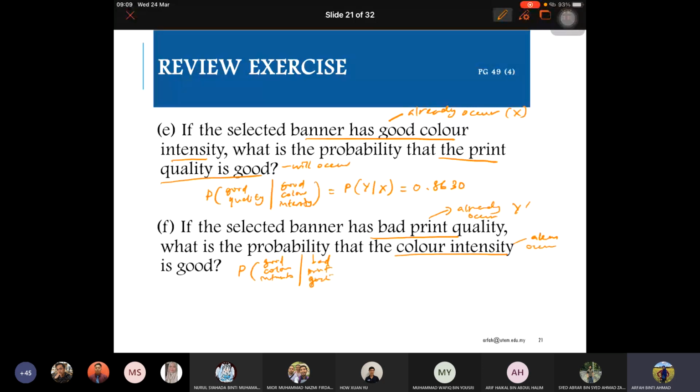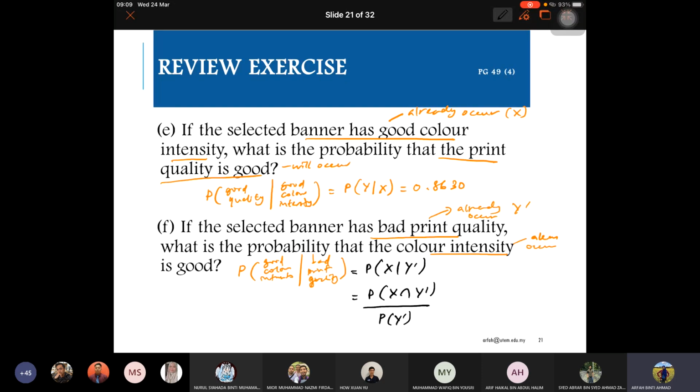Sama dengan kebarangkalian X given Y prime. That is probability of X and Y prime bahagi dengan kebarangkalian bagi Y prime. So kebarangkalian X and Y prime is 57/500. Probability of Y prime is 64/500.